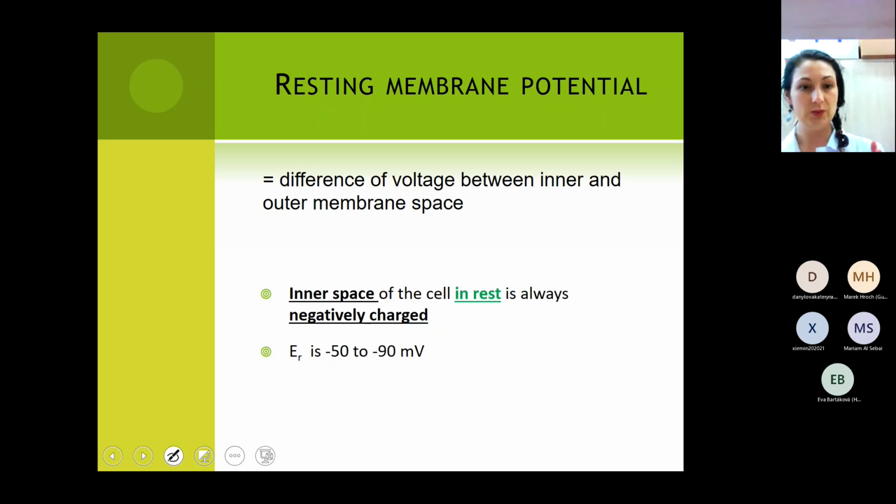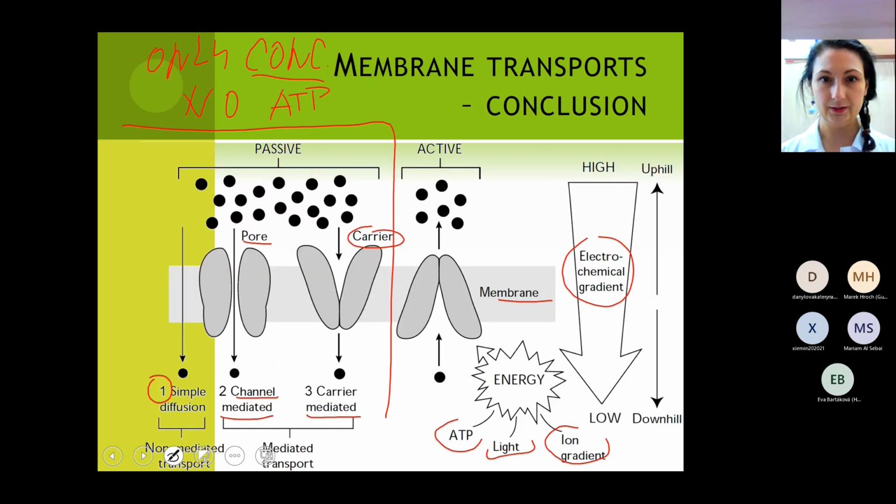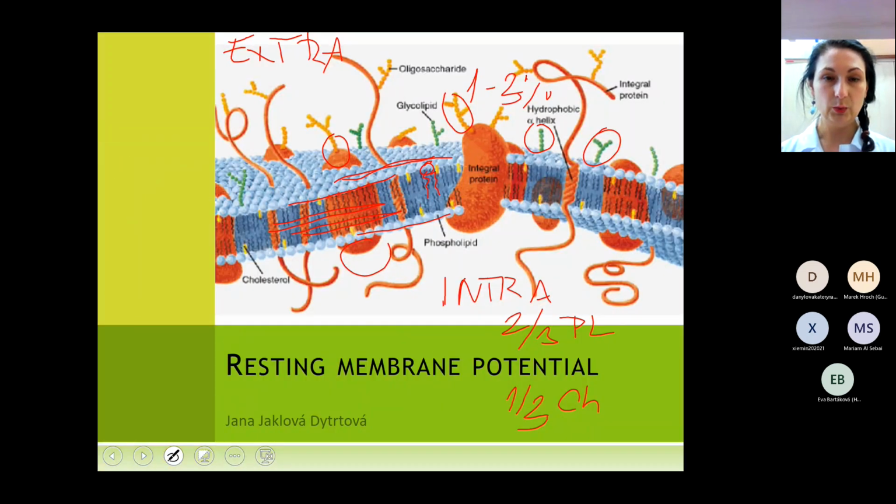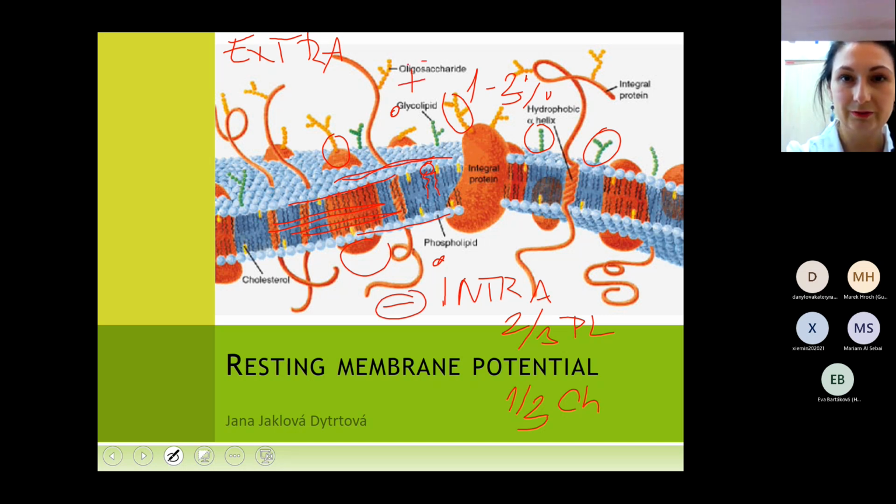It's the same with the plasma membrane. I will return it a little bit back. Here we have the plasma membrane, the inner part and the outer part. This part is charged negatively, and this part is charged positively.